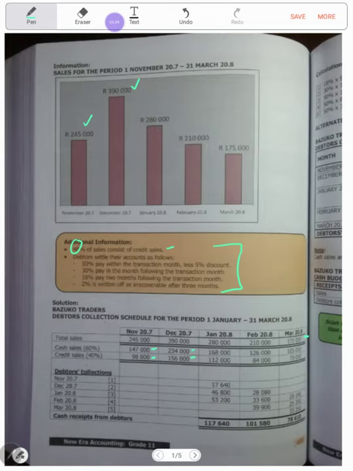All right. Now the important part is, how are we going to be collecting the money from our debtors? They told us that debtors settle their accounts as follows. 50% pay within the transaction month, meaning if I take goods on credit in July, 50% of the debtors will pay me in July, and because of their prompt payment, I will give them a 5% discount.